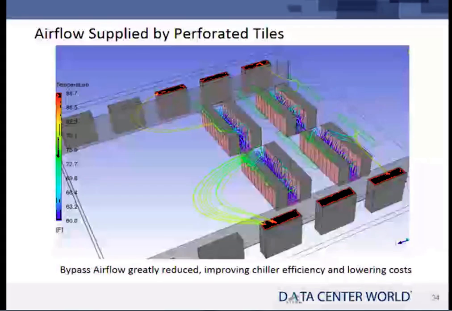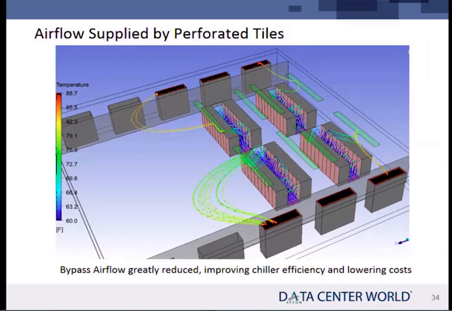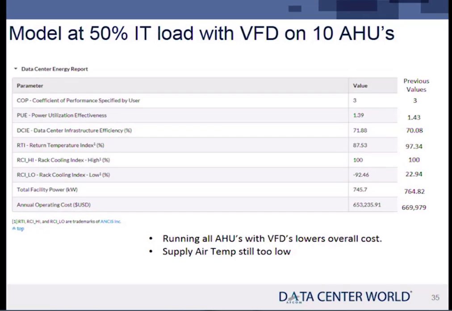So then you start to modulate. Now in this case, I'm using just 6 units. You see them right there, 3 on a side, modulating those fans and driving that system. Getting a little bit of bypass airflow there, not a whole lot. And things got better. We dropped down to 653 against 669.